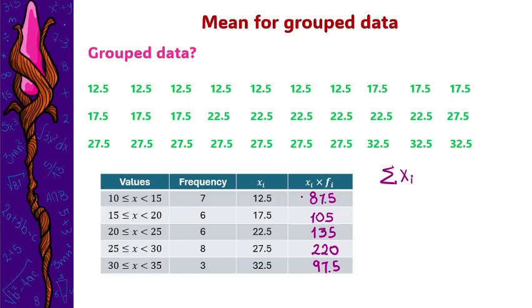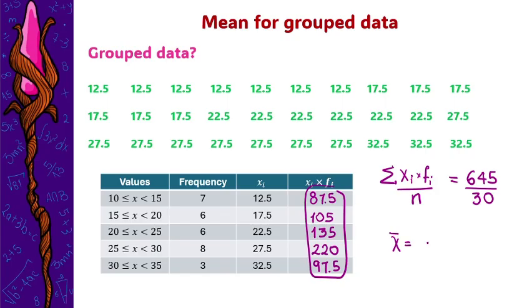But in this case, since we have a representative and the frequency, we are going to do the multiplication by the frequency. So we are going to add all these values here, and that is 645. And remember, we are going to divide it by the number of data. In this case, it's going to be 30. So we could say that the mean is equal to 21.5.